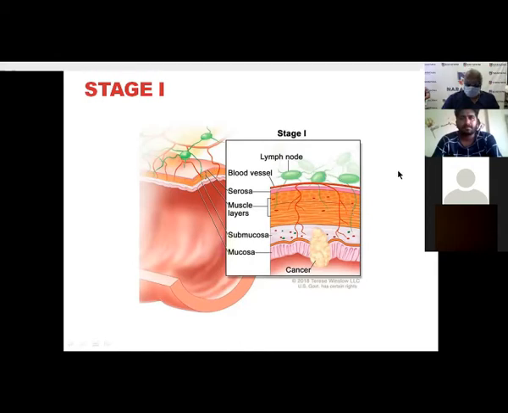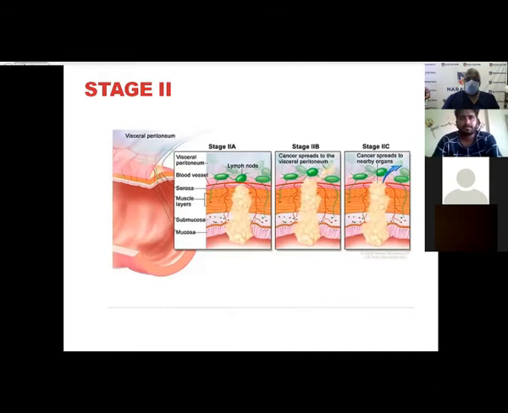So clear, this is stage 1. Stage 2A, it has involved the muscularis propria, all the lymph nodes are free. This is 2A. 2B is, it is going beyond the muscularis propria and infiltrating the perirectal tissues.